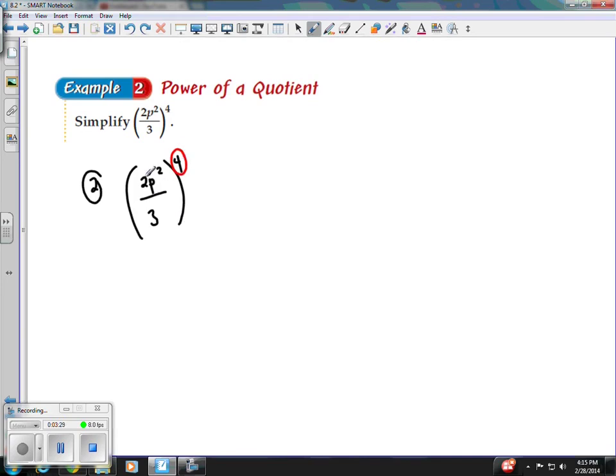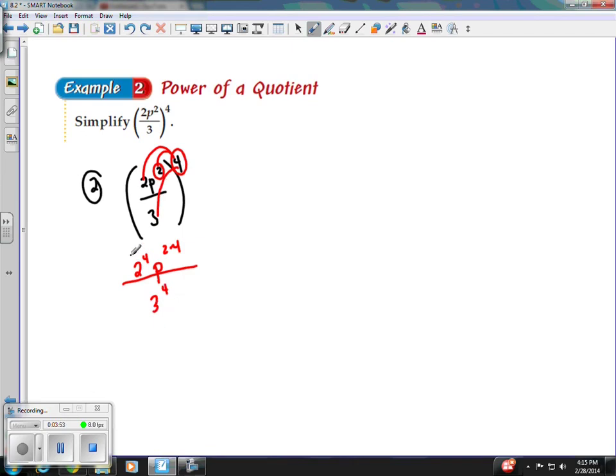So we're going to distribute it to everything. So it's going to be 2 to the 4th power. And then we multiply our variable p's exponent of 2 by the 4. So p is going to be 2 times 4. And then my 3 also gets distributed, so 3 to the 4th power.